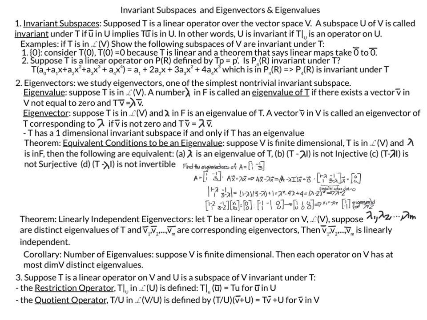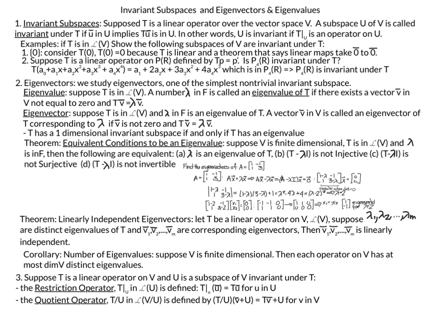A, lambda is an eigenvalue of T. B, T minus lambda I is not injective; T minus lambda I is not surjective; and T minus lambda I is not invertible. This theorem is important as it gives us a formula which will help us find our eigenvectors and eigenvalues.